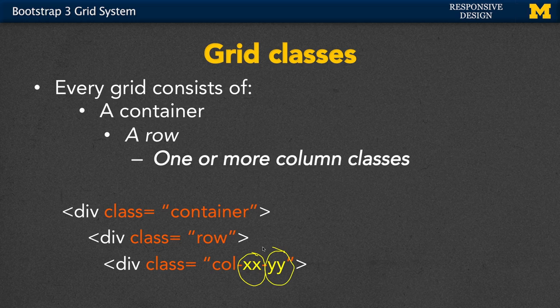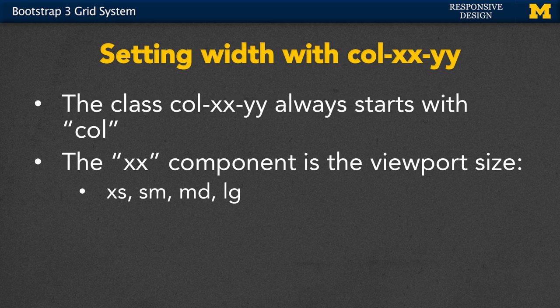Let's take a look at our example. The class is always going to start with those 3 letters COL. The XX component is the viewport size. So it's going to be XS for extra small, think your mobile phones, SM for small, for maybe those tablets, MD for medium, and LG is for large.